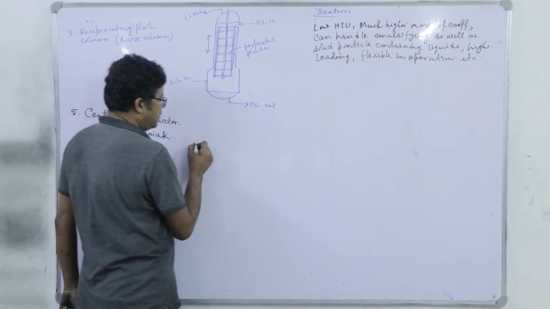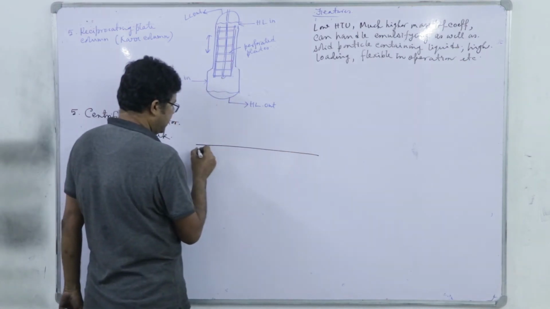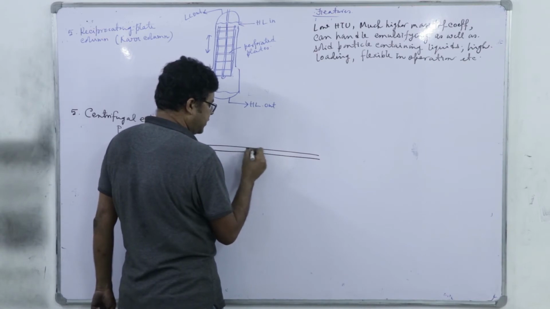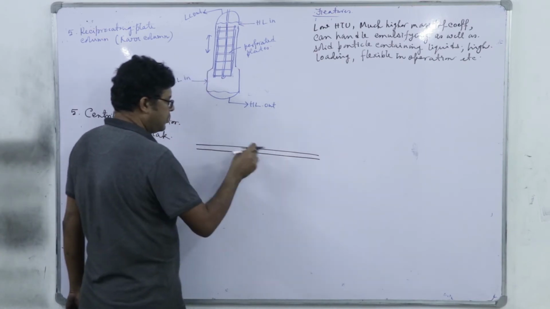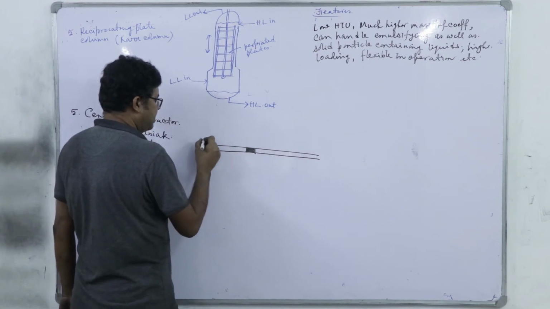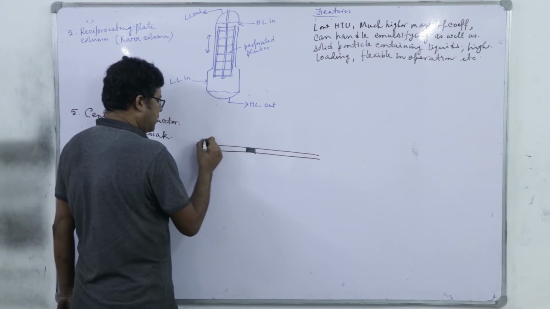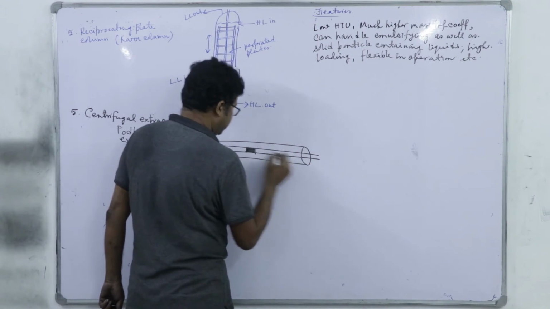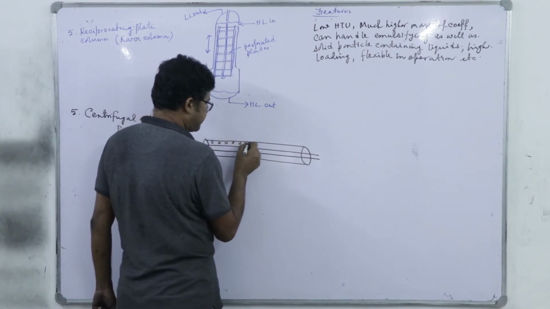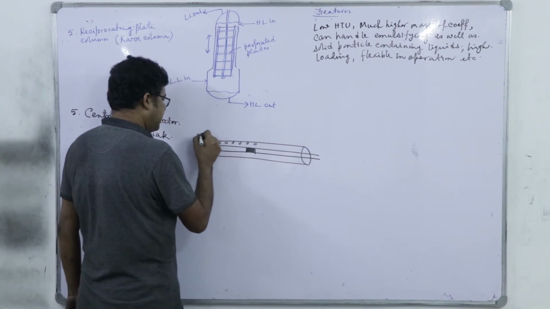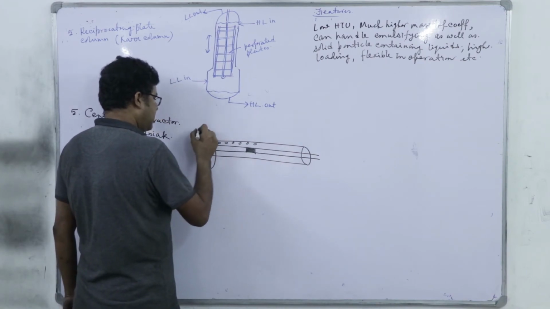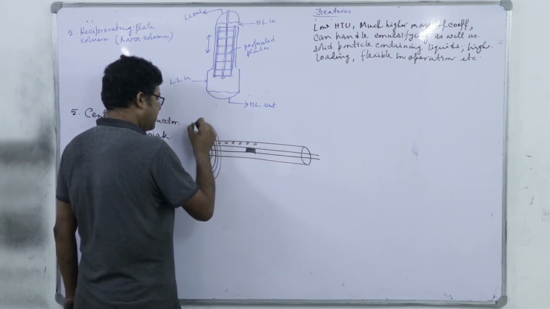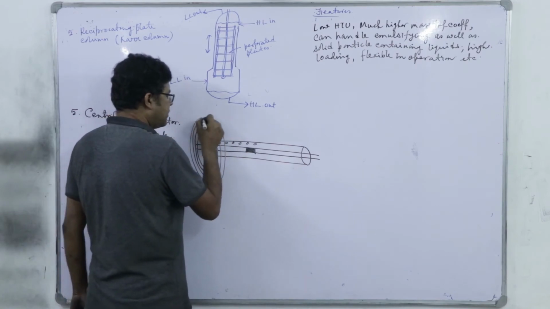So what happens here? We have a hollow shaft, right, but the shaft is partitioned into two with a solid plug in between, and over this we mount perforated cylindrical casings like this, multiple perforated cylindrical casing.